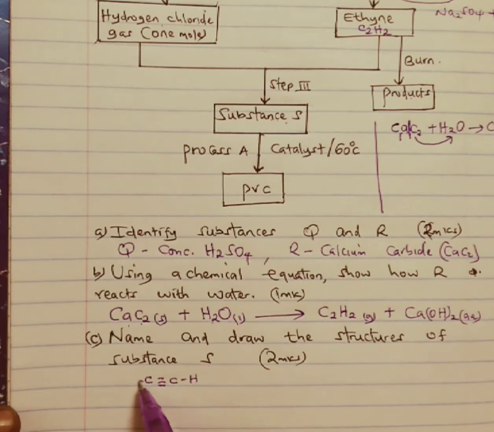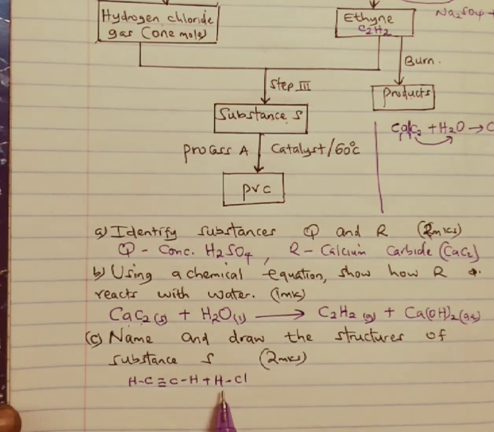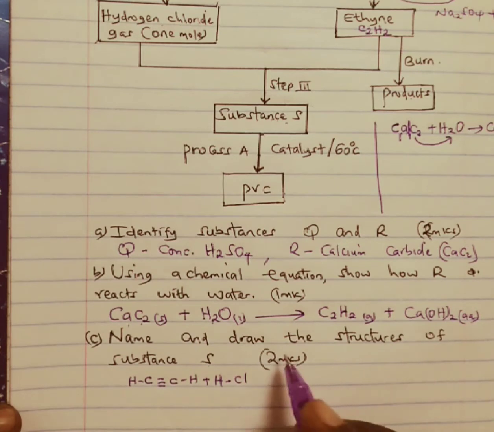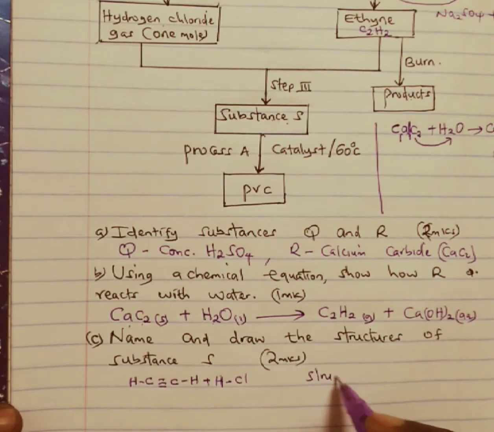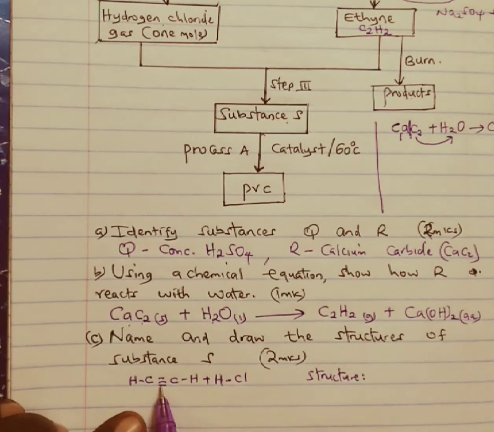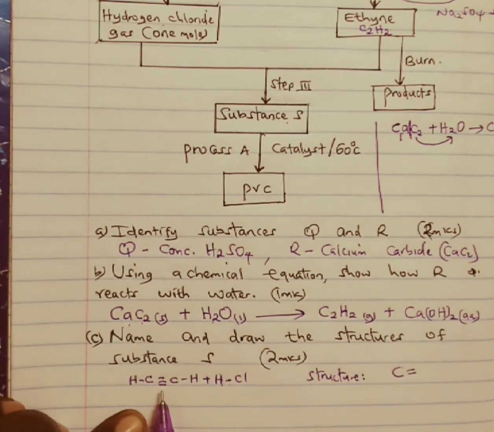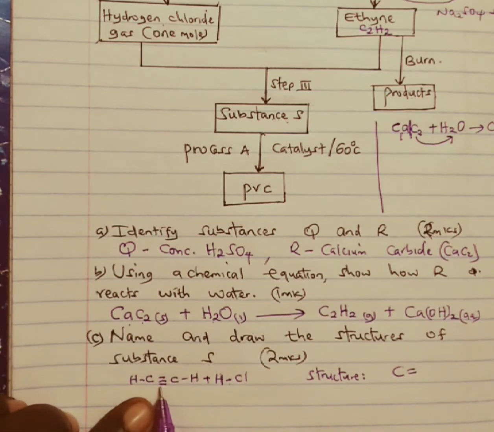This is hydrogen, reacting with hydrogen chloride gas, which is HCl. So hydrogen chloride gas will come and break this triple bond into the double bond, such that now we are going to have the structure looking like this. Once the triple bond has been broken, we are going to have C, double bond, because hydrogen chloride gas will break the triple bond into the double bond.